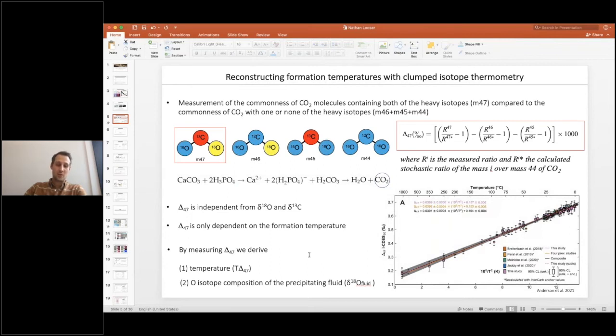And here the cool thing is that we don't need to make any assumptions. That's the advantage compared to oxygen isotope thermometry, where when you want to calculate the temperature, you need to assume a certain isotope composition of the fluid, or the other way around, if you want to calculate the oxygen isotope composition of the precipitating fluid, you need to make assumptions about the temperature.